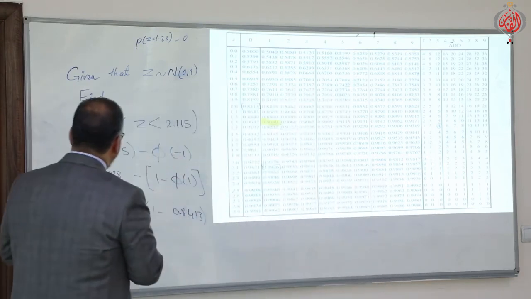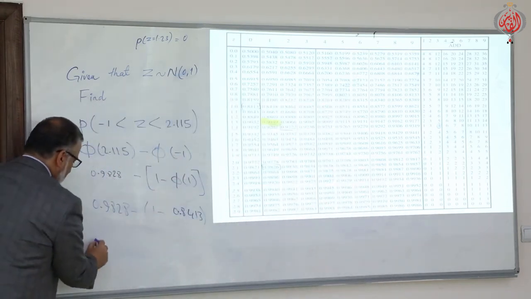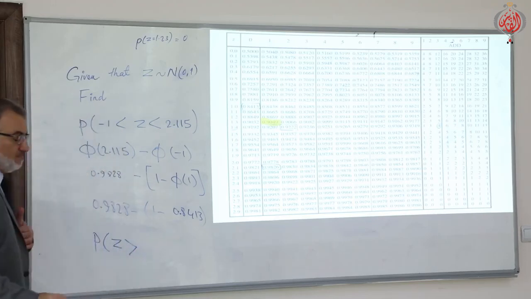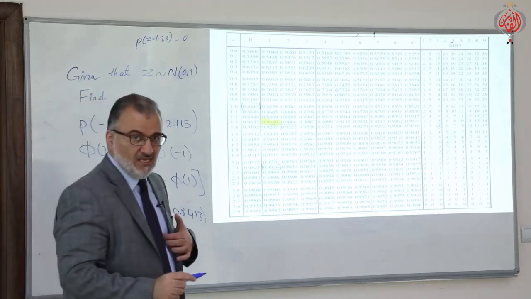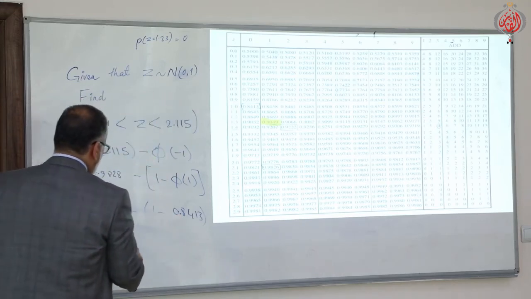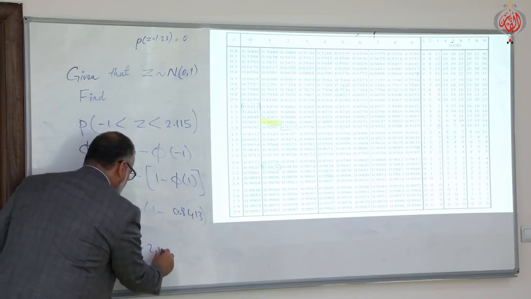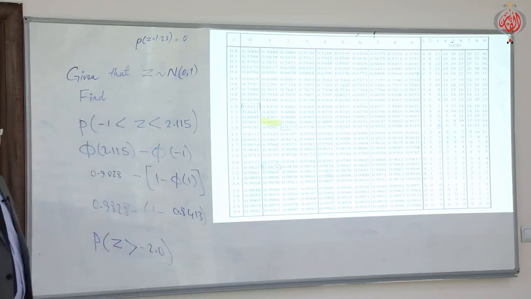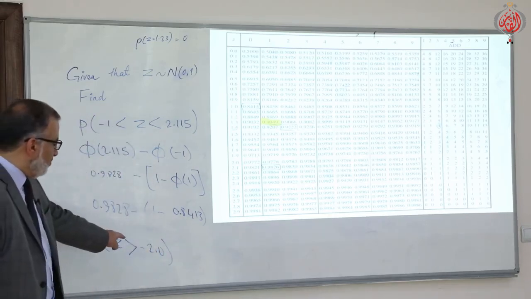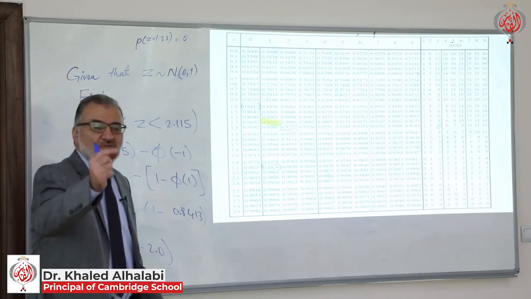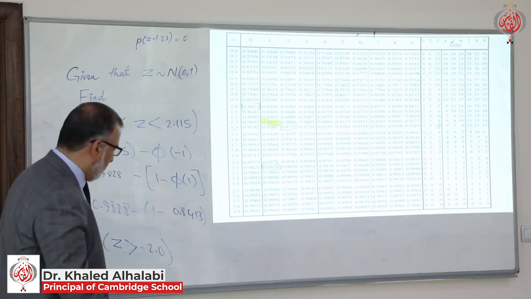I would like really just to give you the last remark. If I told you find the probability of z more than, listen to me, the last stop here, a negative value, -2, let's say. How to find the probability of z more than a negative? Very simple. Guys, I'll give you a simple method which is not mentioned in your book.